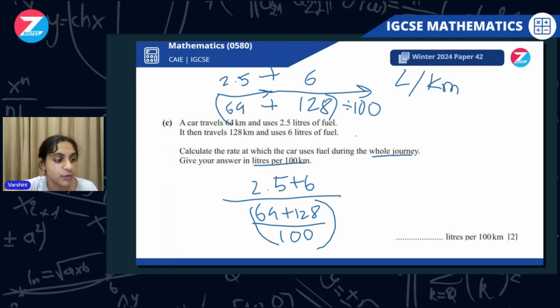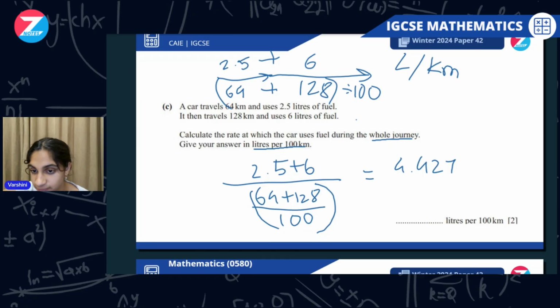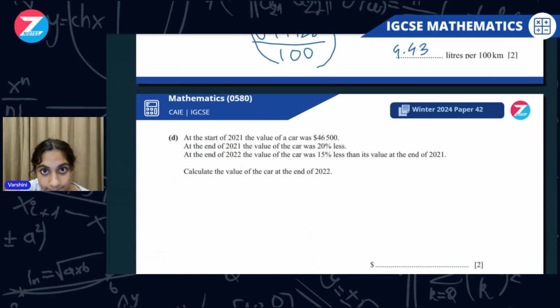And the answer is 4.427. But remember, in math, we need only 3 significant figures. We're going to round this off and make it 4.43.